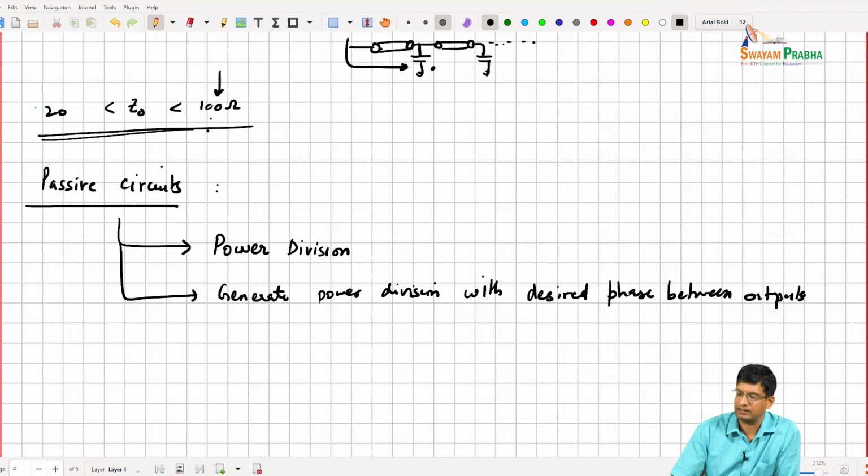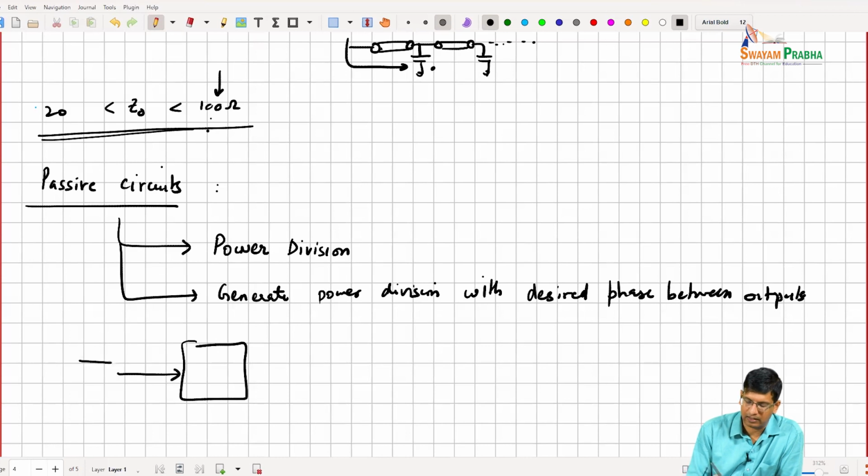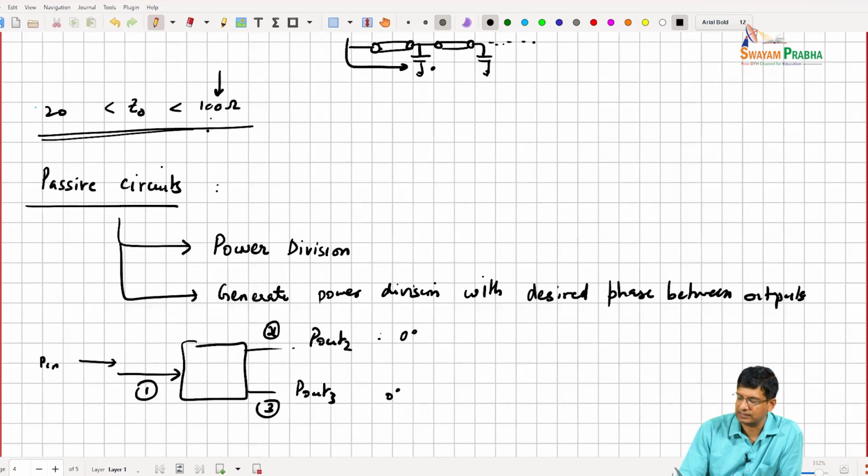This might be that I have this block, P in is coming in, and then there is a port 2 and there is a port 3, and I'm putting out a signal to these ports. And I might want both of these signals to be in phase. I might want these signals to be in quadrature, or I might want these signals to be anti-phase, right?